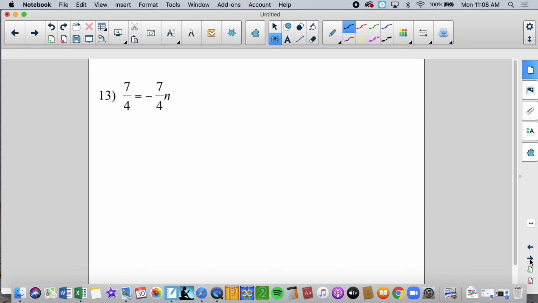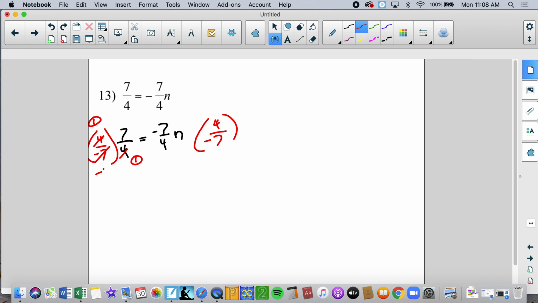Number 13, I like this problem. So let's rewrite it with a little space. So the inverse is going to be 4/-7. The 4's cancel to 1's.